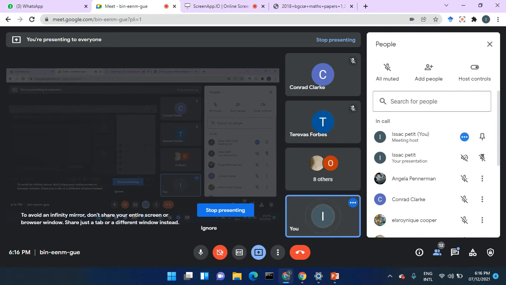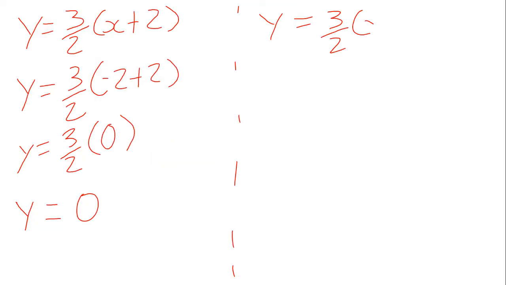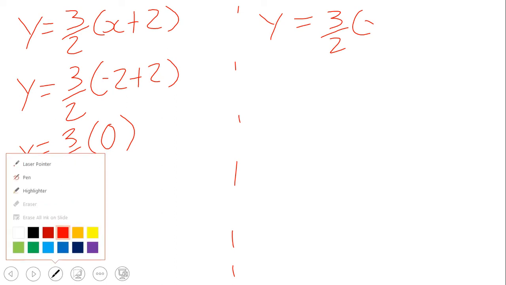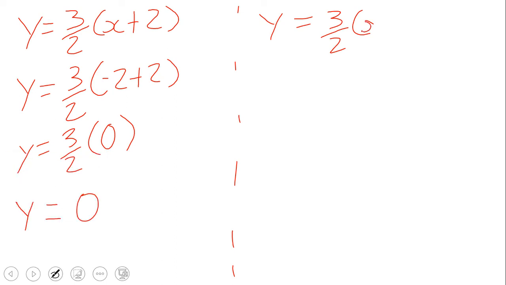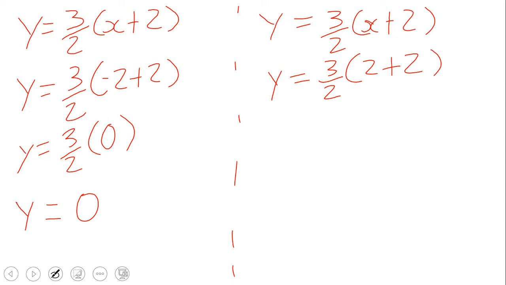All right, so let's go back. It's going to be x plus 2, and y is equal to 3 over 2. Now instead of the x, we're going to put what? Positive 2, right? And so y is equal to 3 over 2.